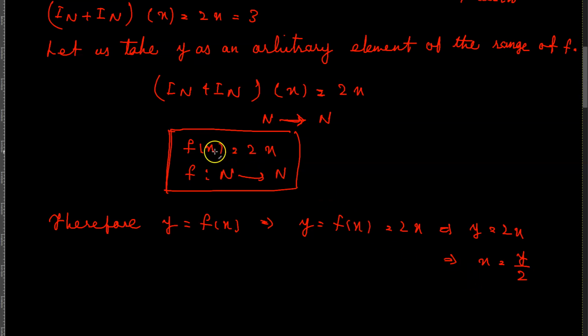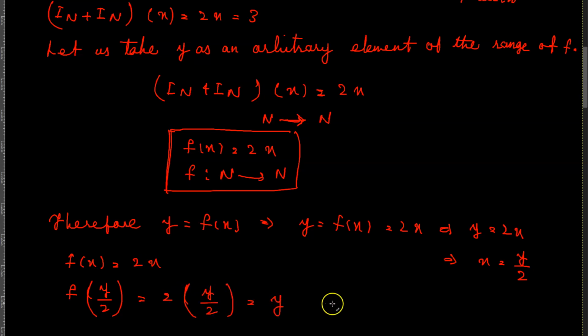Now over here we had f of x is equal to 2x. Instead of x, if I write y divided by 2 and substitute that here, 2 times y divided by 2, I'll get y, which means that f of y divided by 2, y being an arbitrary element of the range of the function f, is equal to y.